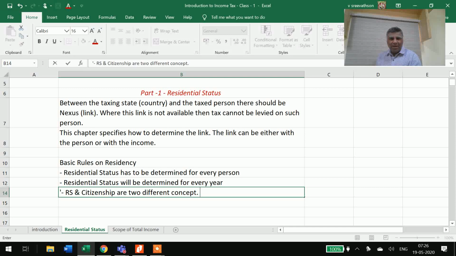Whereas residential status is on the basis of place of stay. Stay can keep on varying, that's why RS has to be determined every year.